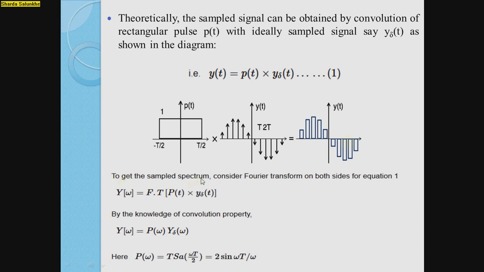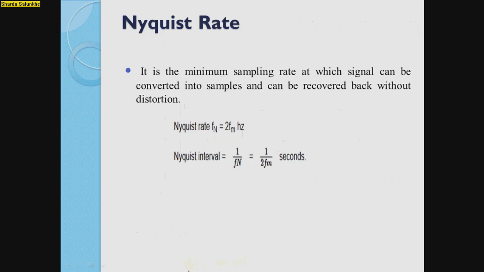To get the sampled spectrum, consider the Fourier transform on both sides of equation 1. So you will get y of omega is equal to p of omega into y delta of omega. But you know the p of omega is tau sinc of omega tau divided by 2, that is 2 sin omega tau divided by omega.